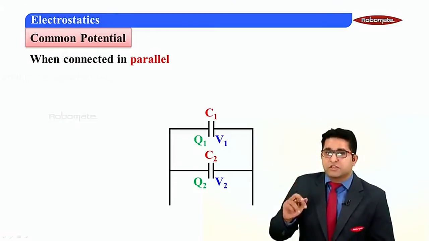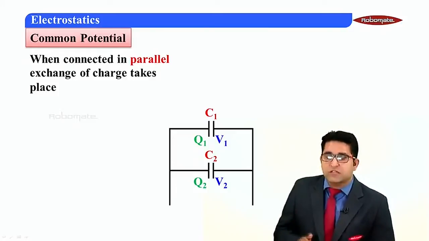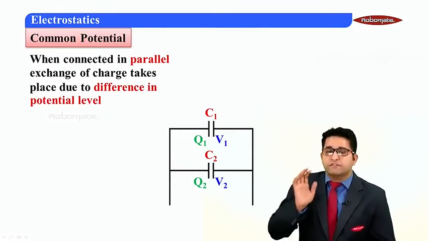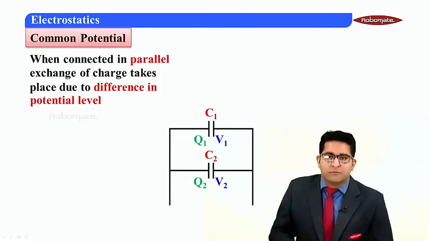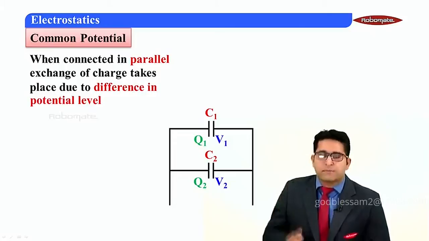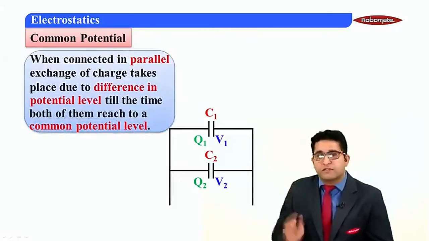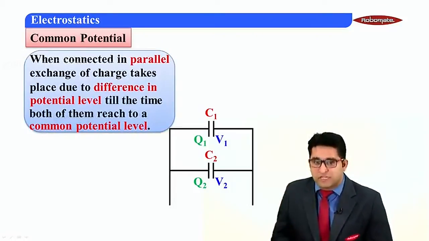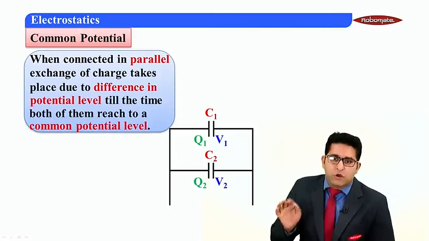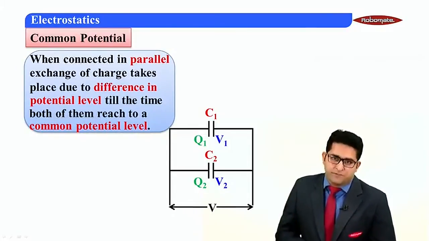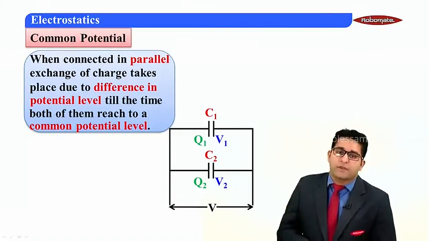Whenever there is a potential difference, exchange of charge will take place, and this will continue till both the capacitors reach a common potential level. Let's say it is capital V, and we are supposed to calculate the value of capital V.